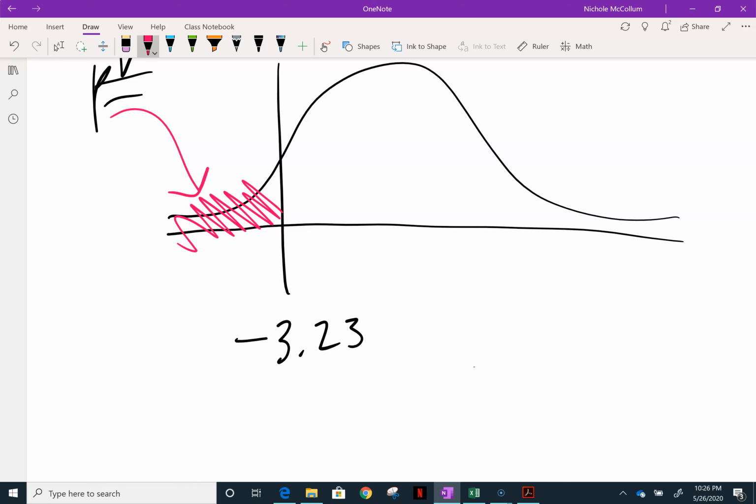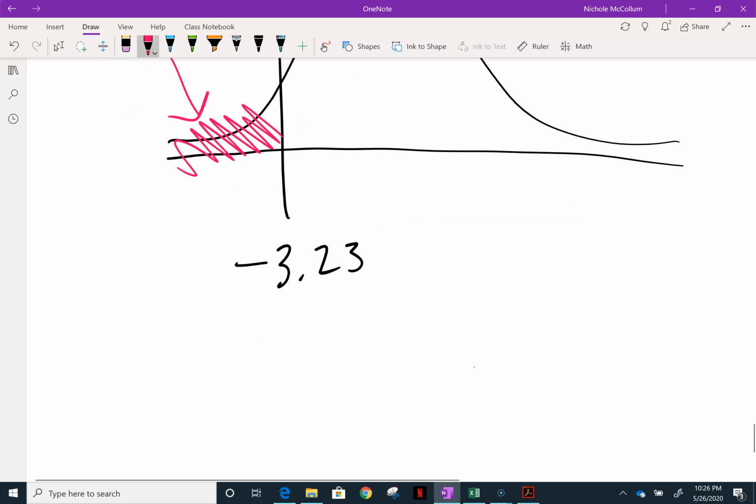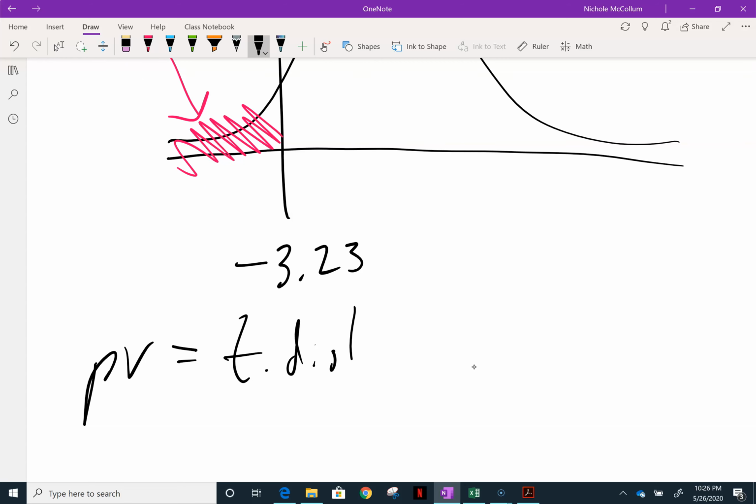I need to know the alternative. The alternative is a less than test, which means I want what's less than it, and that's that area. That's the p-value. How would I find that? The code for the p-value in the less than test is t.dist. That's very important. It's not twice. I would only double it if it was a two-tailed test. It's a one-tailed test, and I want the less than.